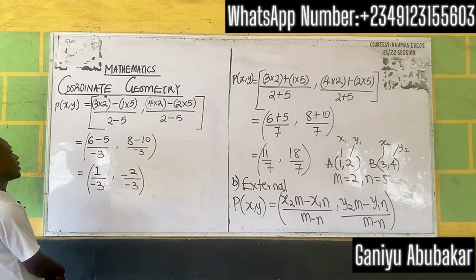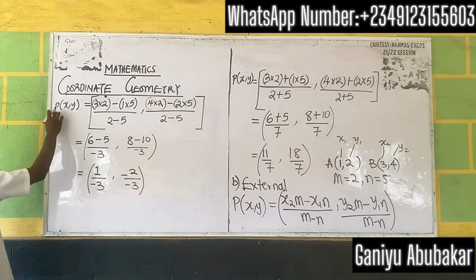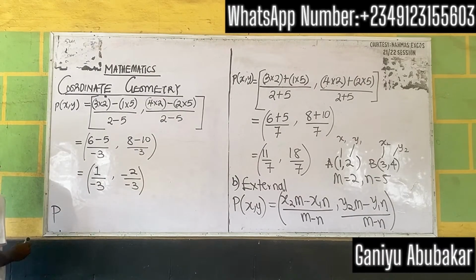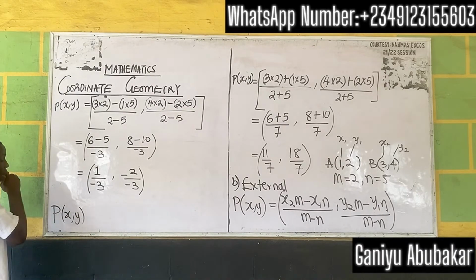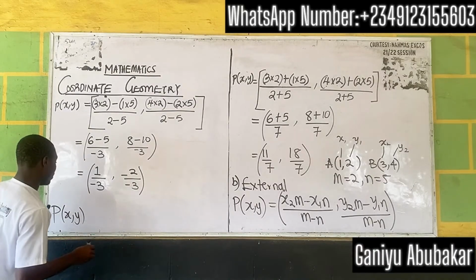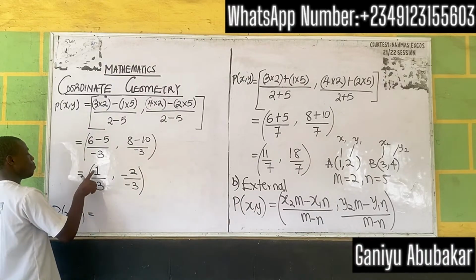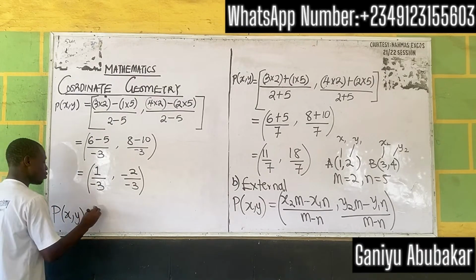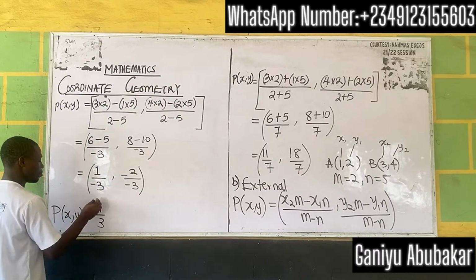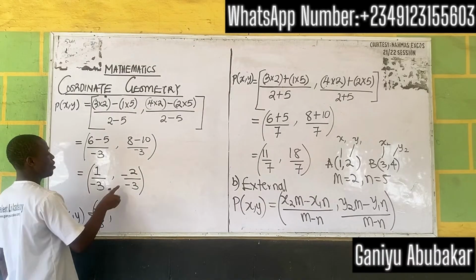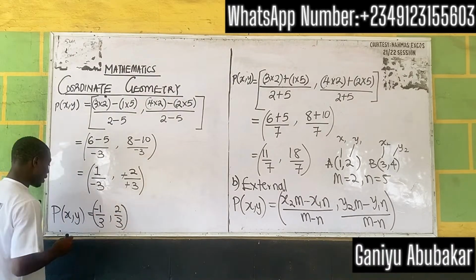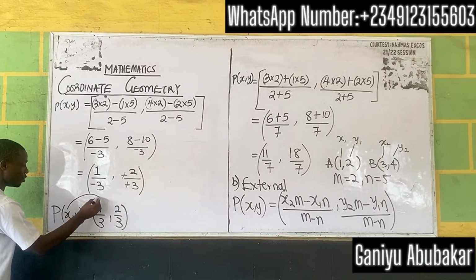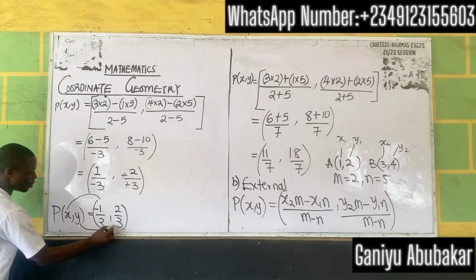So now here's the idea. The point P of x comma y externally will be equal to 1 over minus 3, which can be written as minus 1 over 3, comma, minus cancels minus, I have 2 over 3 left. So x is for this and y is for this.